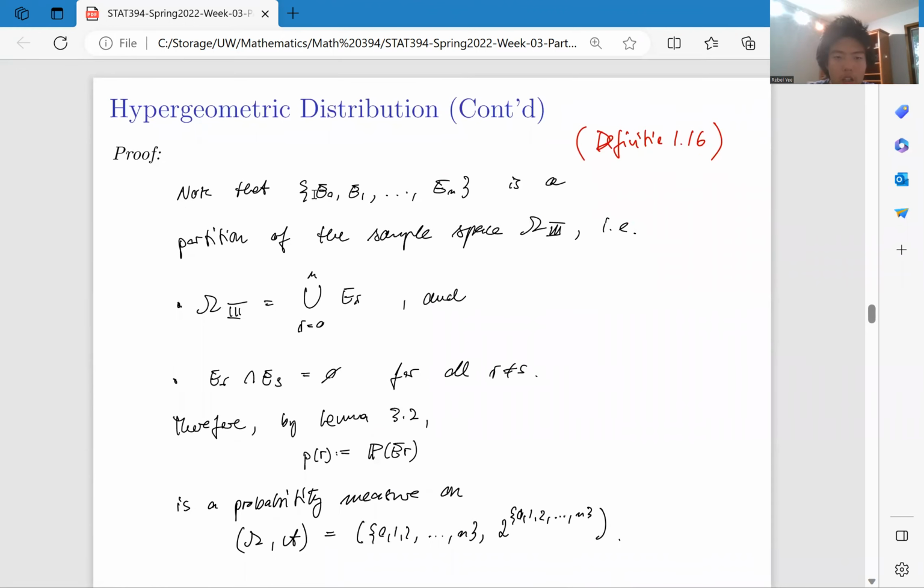So we know that E0, E1, E2 to En is a partition of a sample space omega. How can we think about that? You may think about it for the first several seconds. Okay, so hopefully you already know why that is the case.